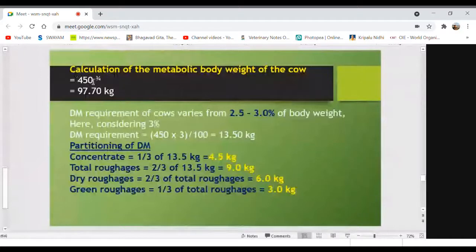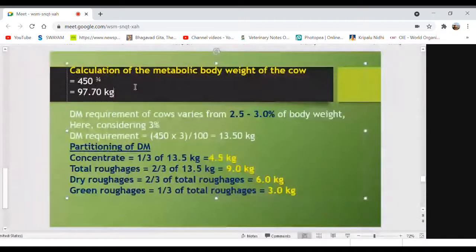This metabolic body weight is nothing but you have to do square root twice of the body weight to the power 3, that is 450 into 450 into 450.